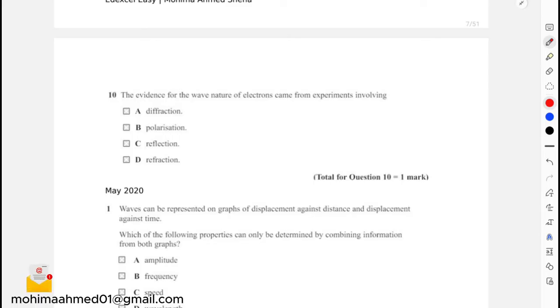Now, over here, polarization can only occur for waves that oscillate in multiple planes, so this cannot be used as evidence of the wave nature of electrons. And then again reflection, electrons cannot be reflected, so no. And refraction also cannot be shown with electrons.